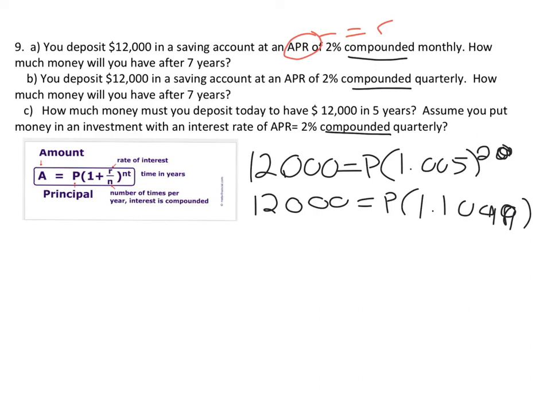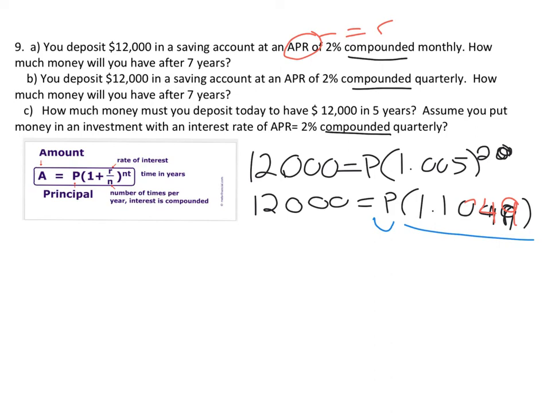Now is where things change. In the previous step, we could just keep simplifying, but now we don't have anything left to simplify. Sorry, this is very unclear what I wrote. This is a 1.1049, oh, I'm writing in red now, look at that. Now I'm solving for P. P is what I ultimately want to know. So what's happening to P? Well, it's being multiplied by 1.1049.